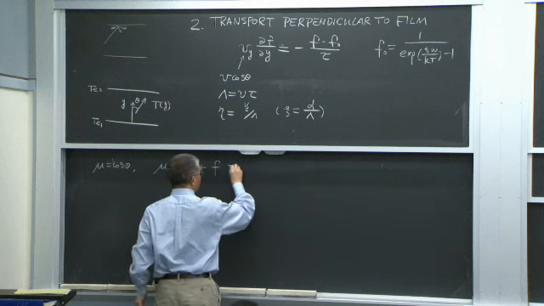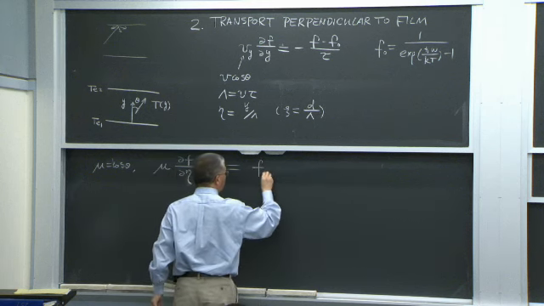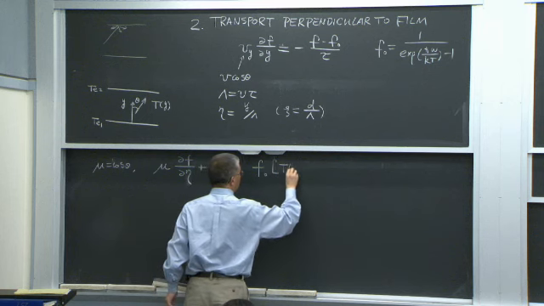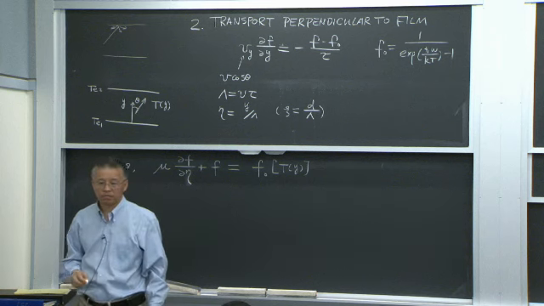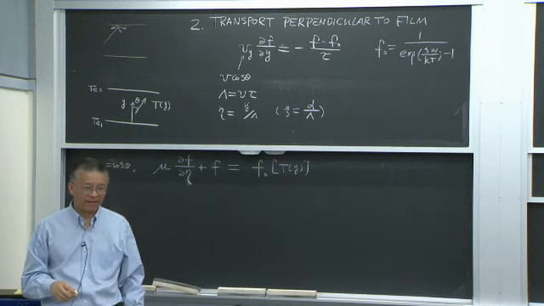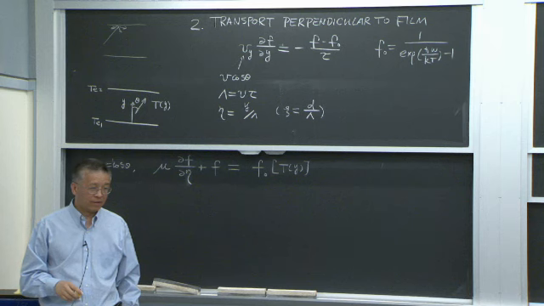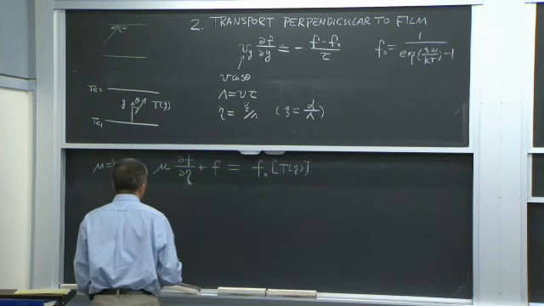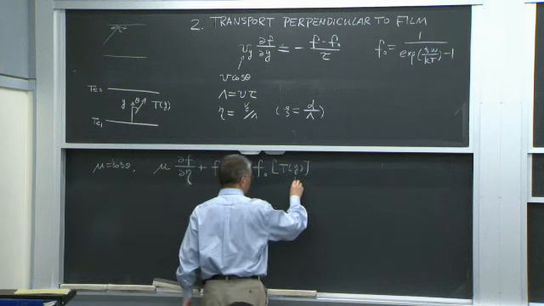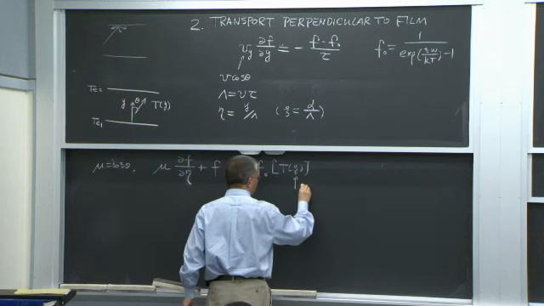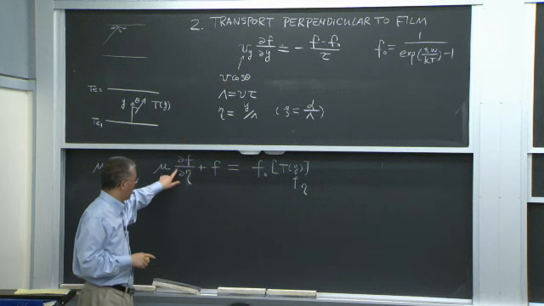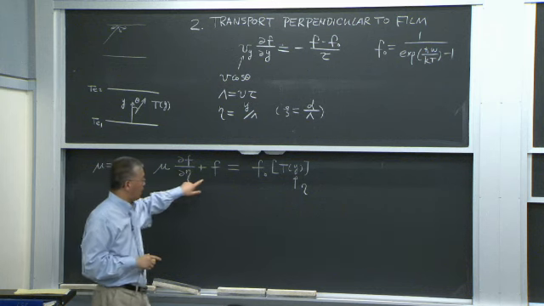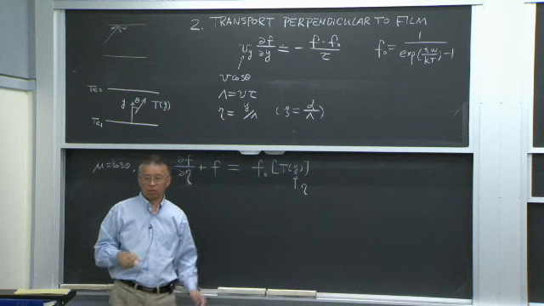Remember, f0 is a function of T, and T is a function of y. I do not know that T. If it's a function of y, it is also a function of eta. So f is a function of eta, and f0 is also a function of eta.